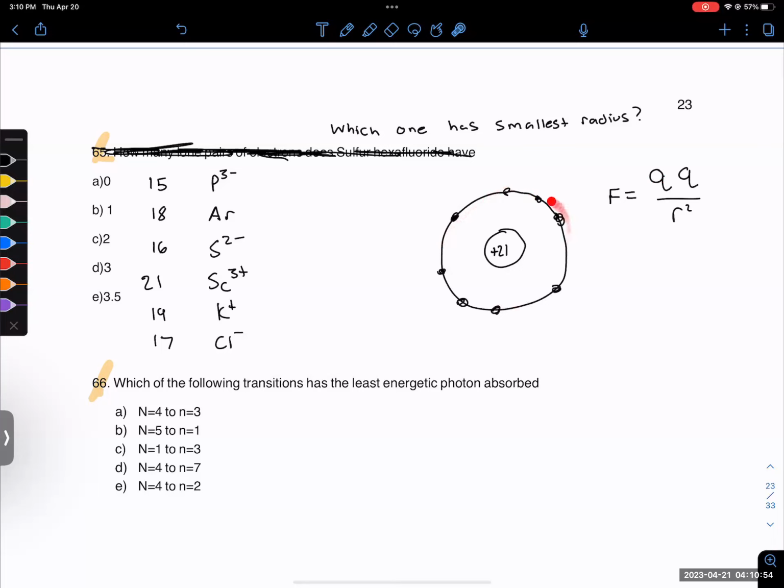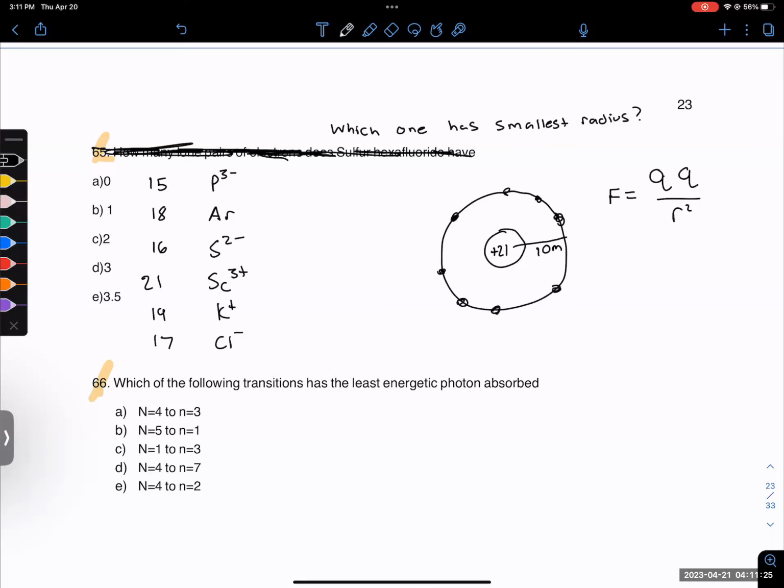So if we all have the same number of electrons in the outermost shell, the bigger the charge in the nucleus, the more it's going to pull these electrons further in, which is why we see scandium. They all have the same amount of valence electrons, but scandium has the biggest charge, so it's going to have a radius of, let's just say, for simplicity, 10 meters. Okay, that's not going to be true, but 10 meters.